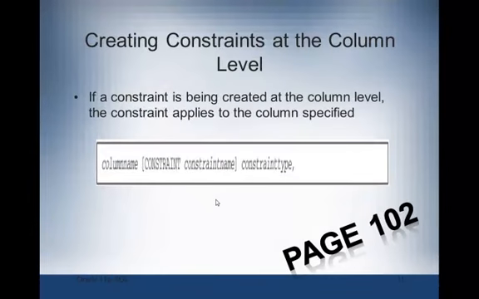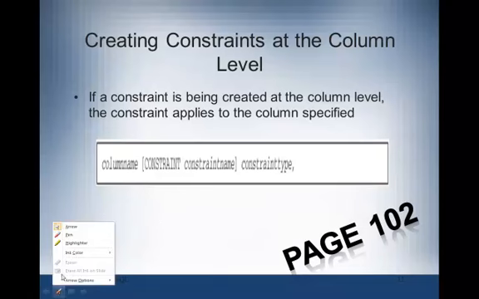Okay. Creating constraints at the column level. If the constraint is being created at the column level, the constraint applies to that column specified. The syntax diagram, which is on page 102, indicates that in the column level definition, when the column is being defined, you're going to provide the column name.